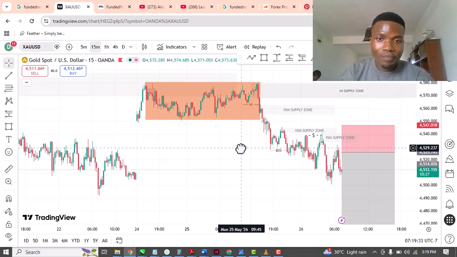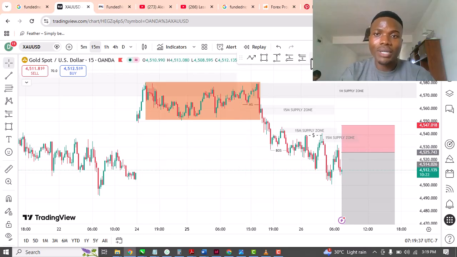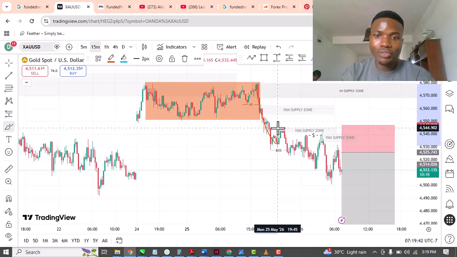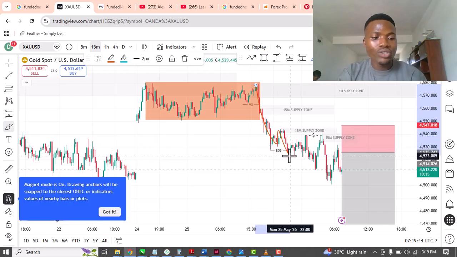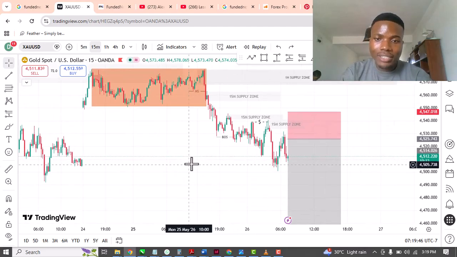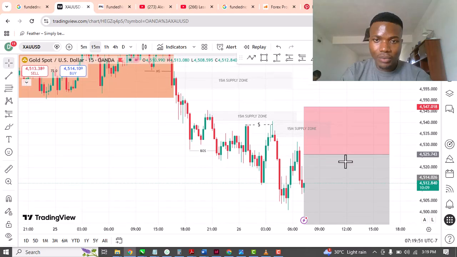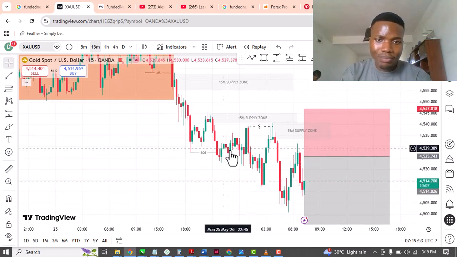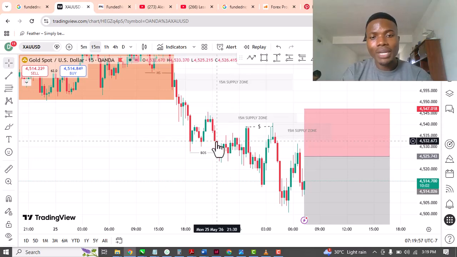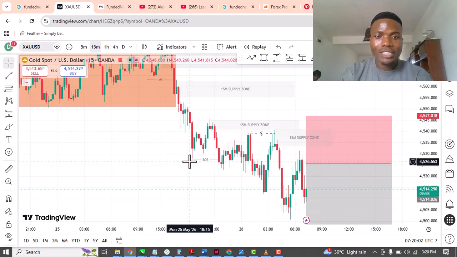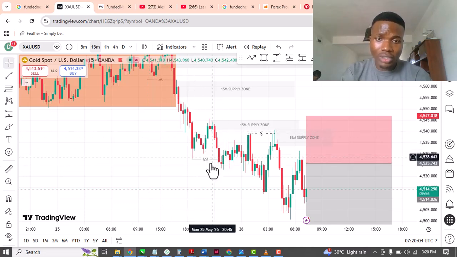On Tuesday, which is today, opening my chart this morning, I see that price has already moved to the downside. In the morning, price was around this area, and I see that price made a 15 minutes break of structure to the downside.